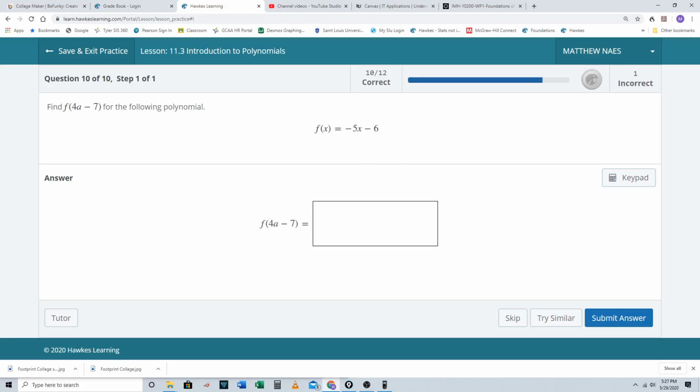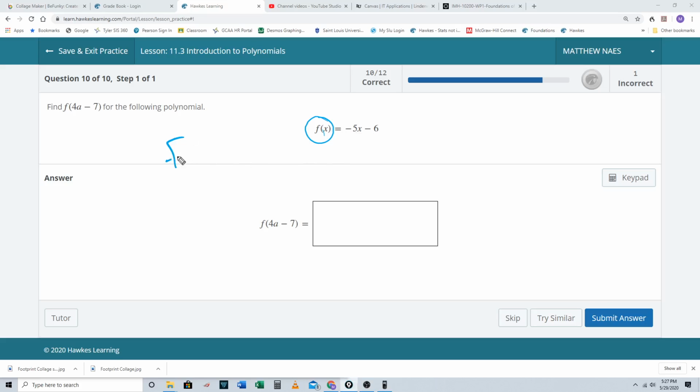Last question is they want you to plug in this. Sorry. This is mainly what they call function notation. f of x equals negative 5x minus 6.